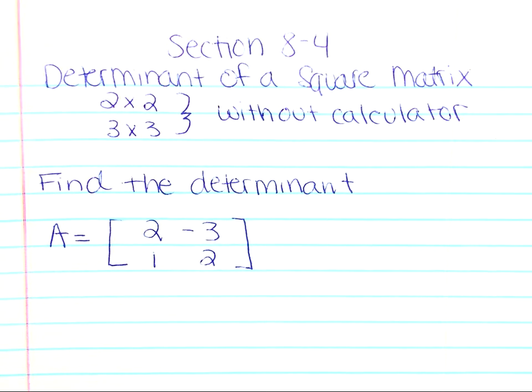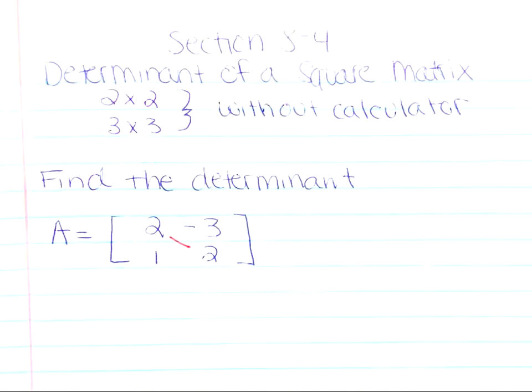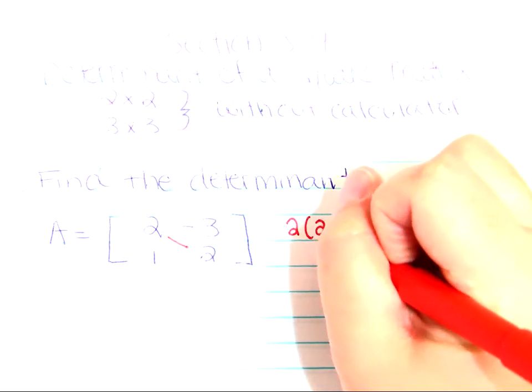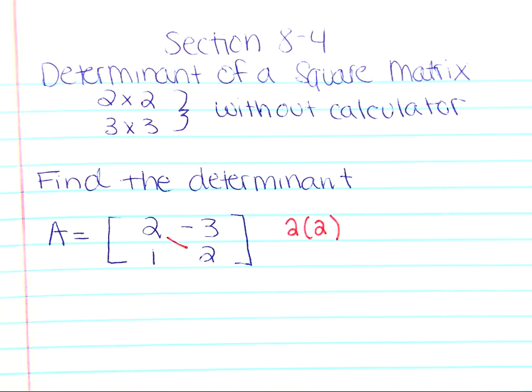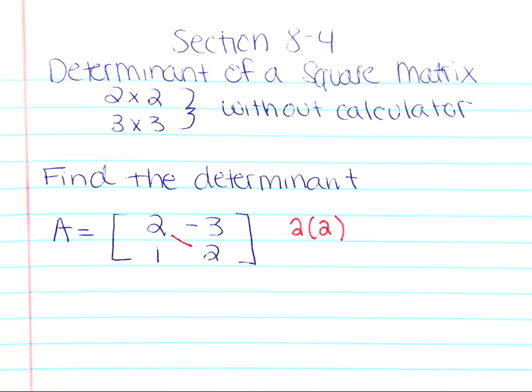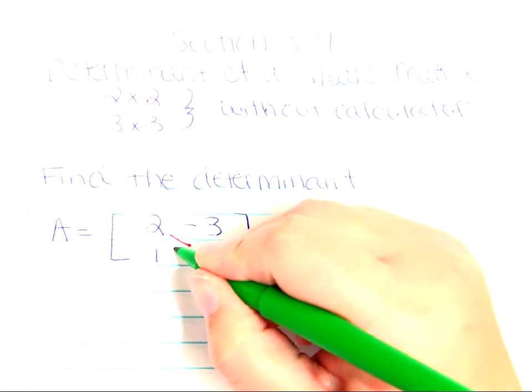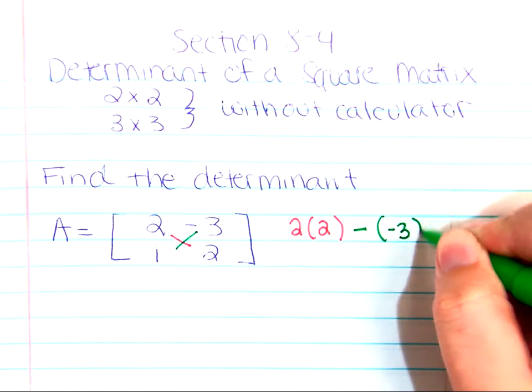So how do I find the determinant of this? I'm going to give you a general formula in a second, but what you are doing to find the determinant is I'm taking 2 times 2, and then I'm going to subtract -3 times 1.